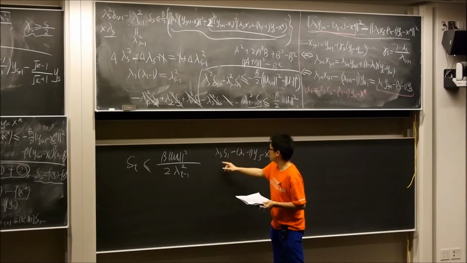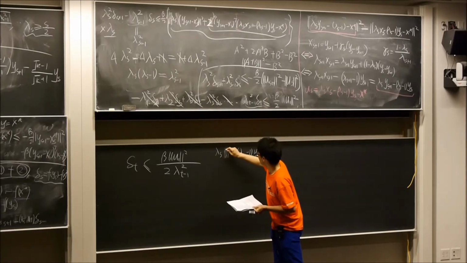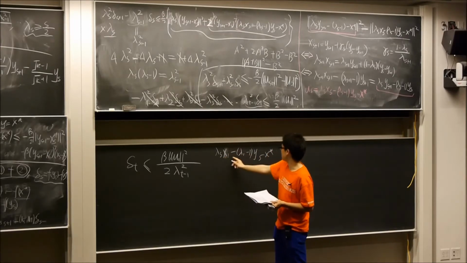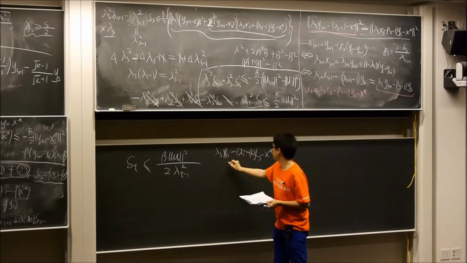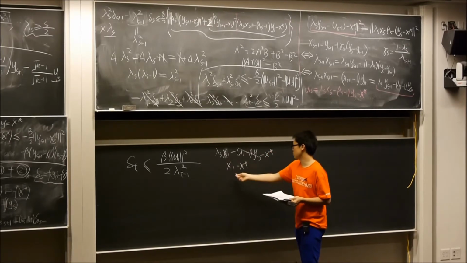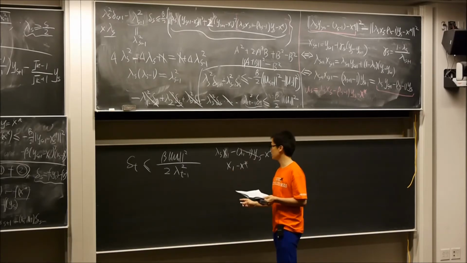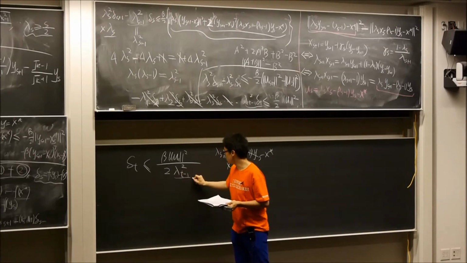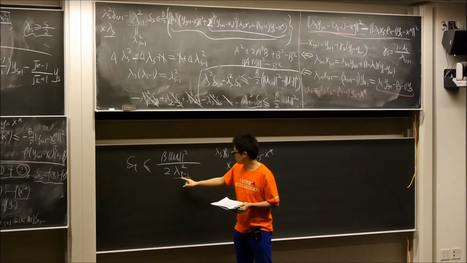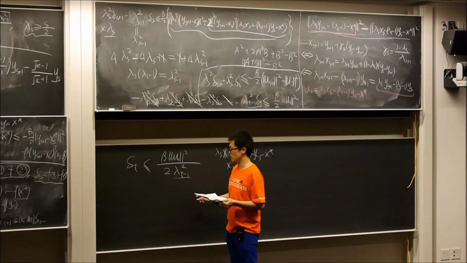So lambda 1 is 1, so this term goes away. We get the distance between the initialization and x star.